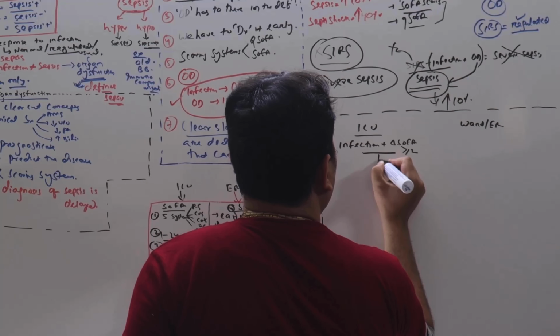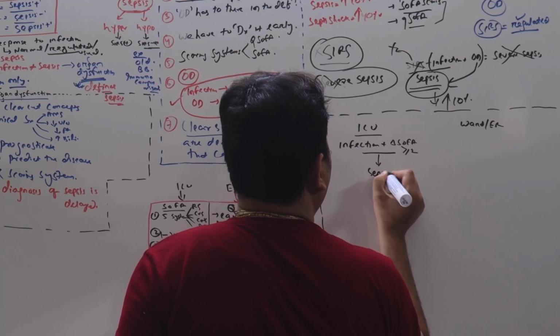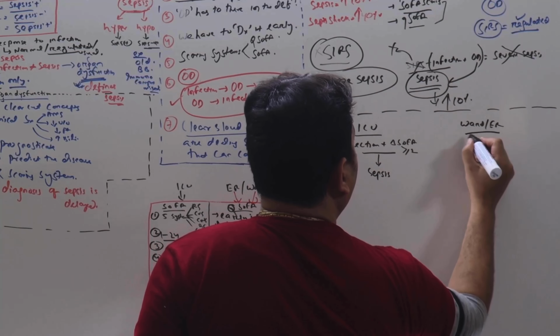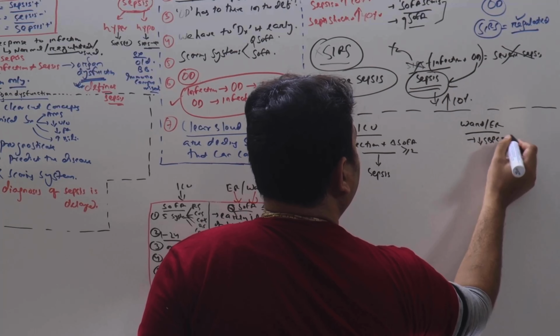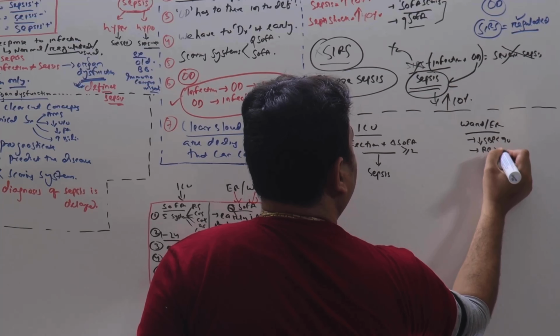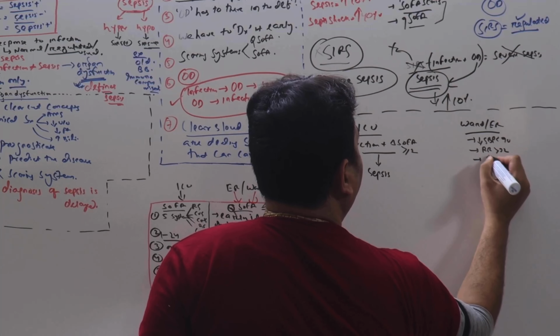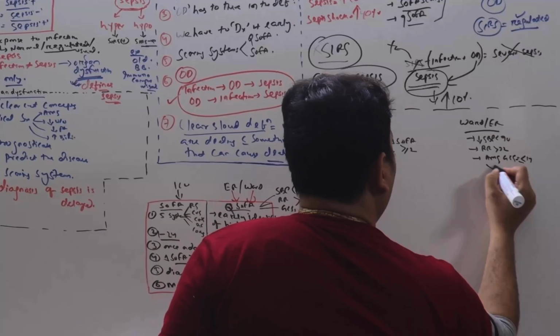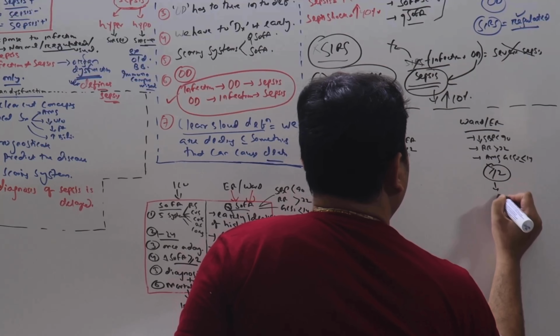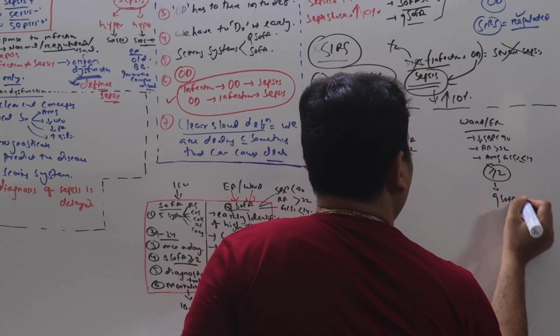So this is called sepsis. In the ward or ER, check for decrease in SBP to less than 90, respiratory rate more than 22, and altered mental status with GCS less than or equal to 14. If two or more are present, qSOFA is positive.